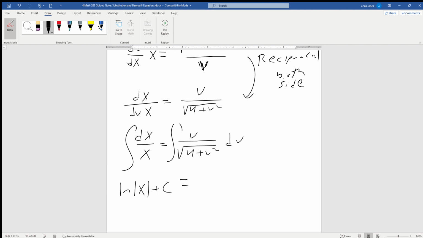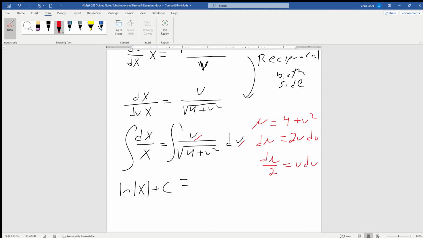And then the antiderivative of this expression is a little bit more rigorous than that because it's a u sub, but not a trig sub, although certainly we could make it a trig sub. Let's let u be equal to 4 plus v squared. The derivative is going to be 2v dv. We like v dv, but we don't like the 2, so let's divide both sides by 2 to get v dv.